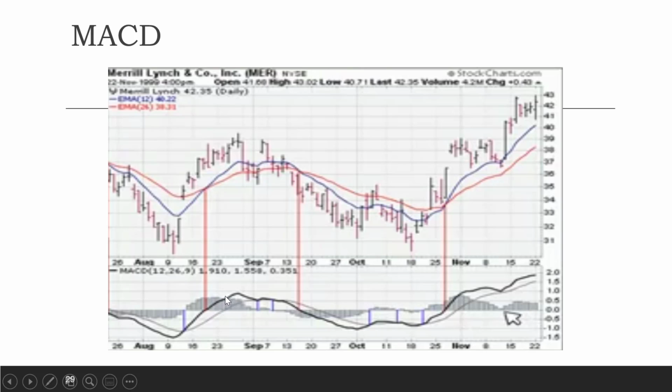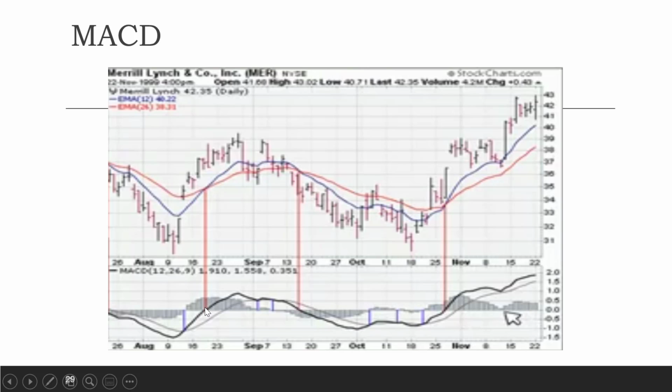So whenever the MACD line crosses over the center line, it indicates a bullish mode. Because on the price chart, the short term moving average is above the long term, which indicates a bullish trend. And here also it is telling the same story, isn't it?